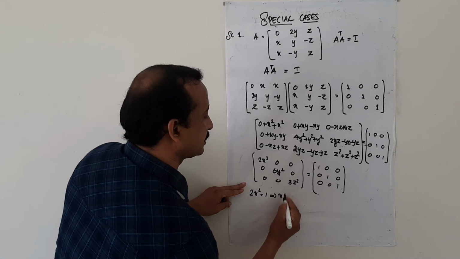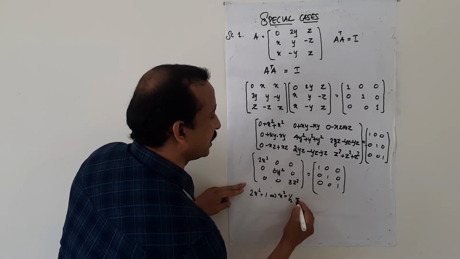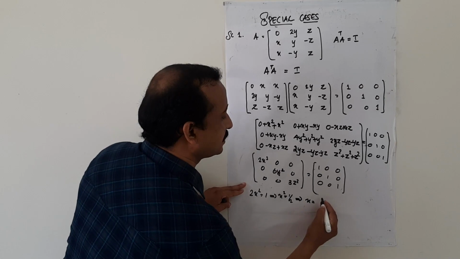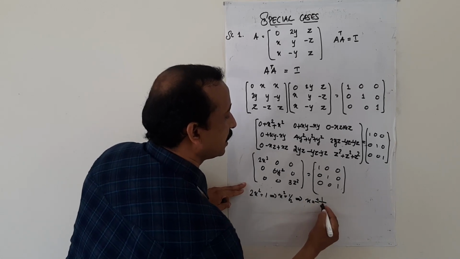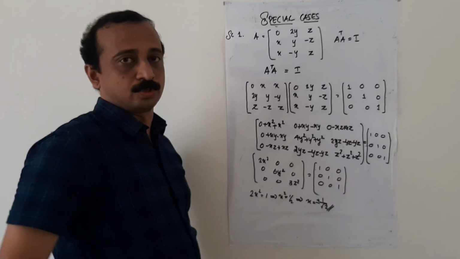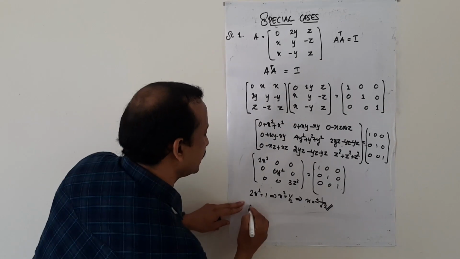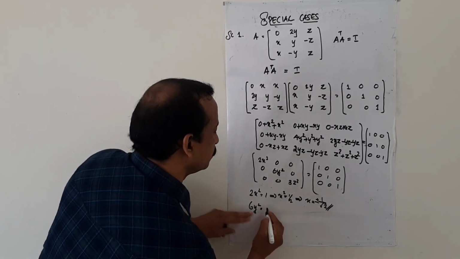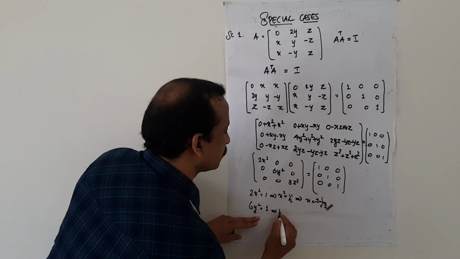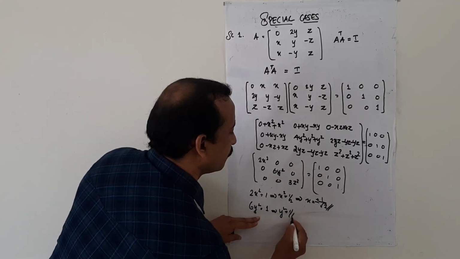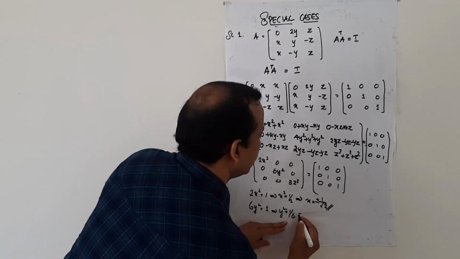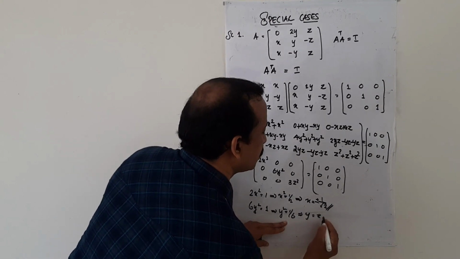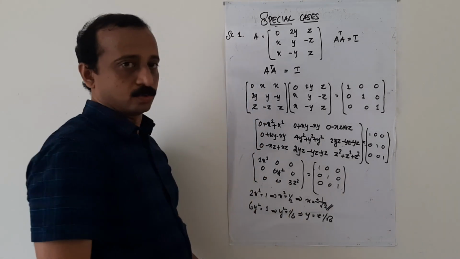That implies x square is equal to 1 by 2, and therefore x is equal to plus or minus 1 by root 2. Then 6y square is equal to 1. That implies y square equal to 1 by 6, and that implies y equal to plus or minus 1 by root 6.